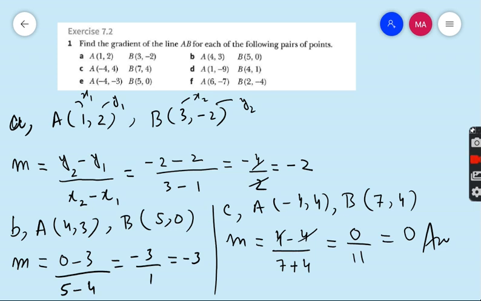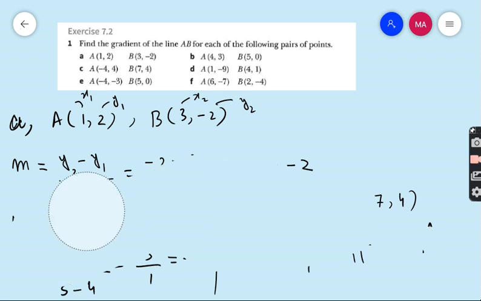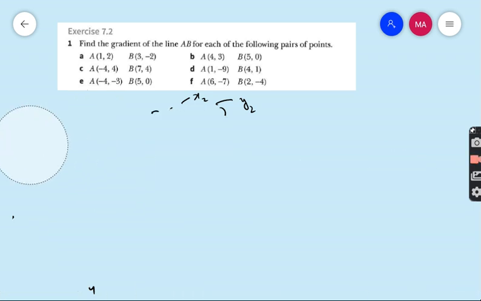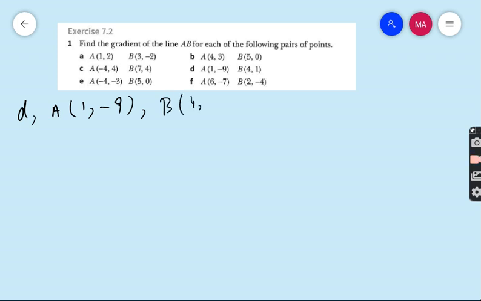Come to part D. Part D is A(1, -9), B(4, 1).